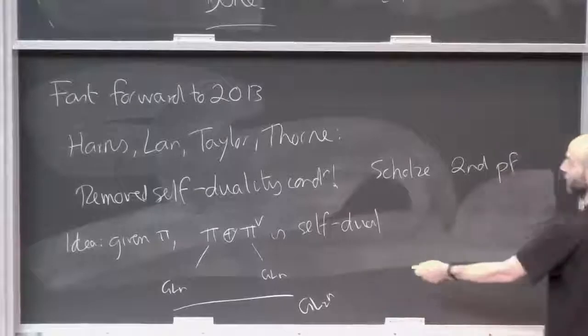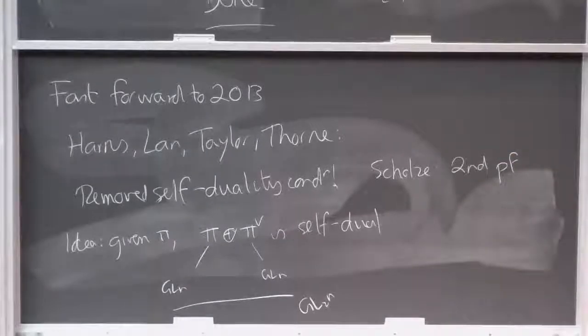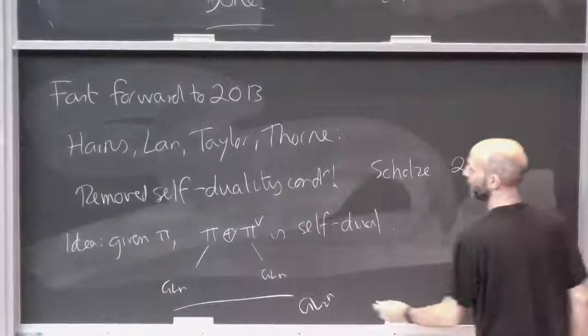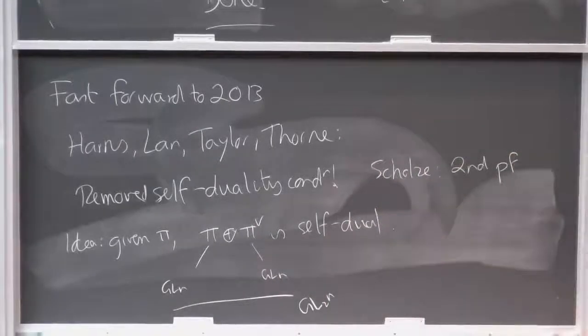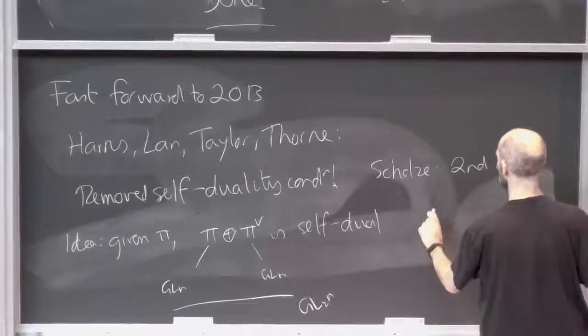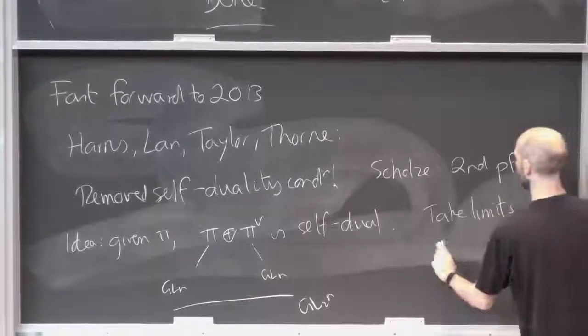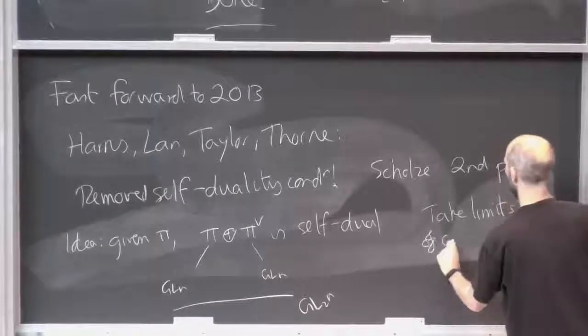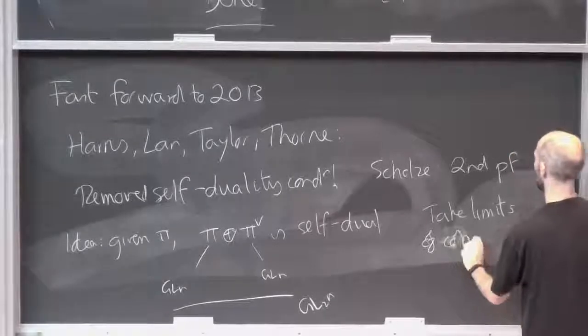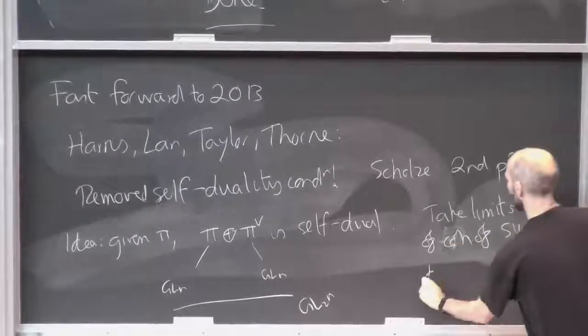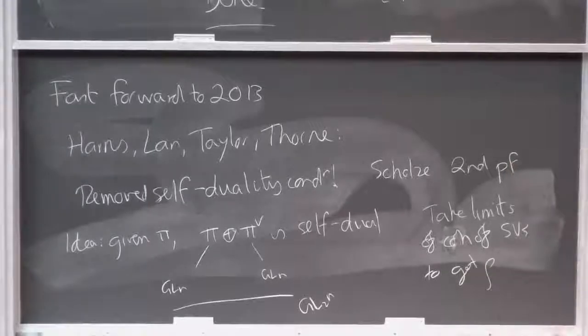So that's self-dual. So use the cohomology of Shimura varieties, and the cohomology of Shimura varieties doesn't quite work, but it gives you representations which are close to the representation you want. So then it turns out you have to take limits at the end, take limits of cohomology of Shimura varieties to get the rho you want. So that's a summary of everything we know about GL_n, as far as I know. And then there are results going the other way.